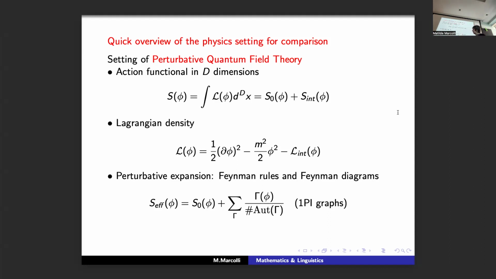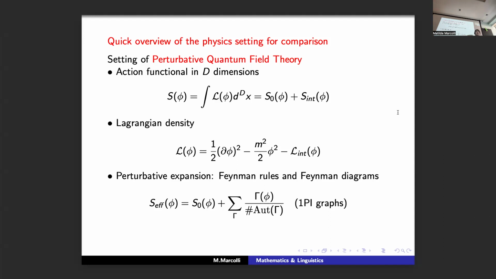The idea is that you can incorporate the quantum corrections into the action by an expansion where the terms of the expansion are labeled by a collection of graphs. This collection of graphs depends on the actual form of the Lagrangian, in particular on the powers you have.